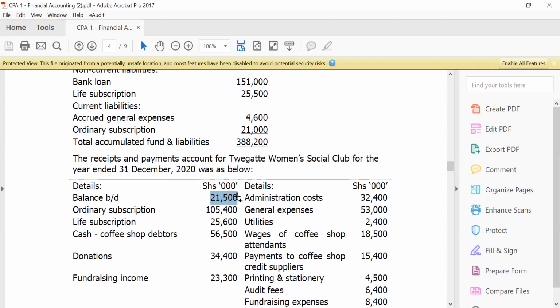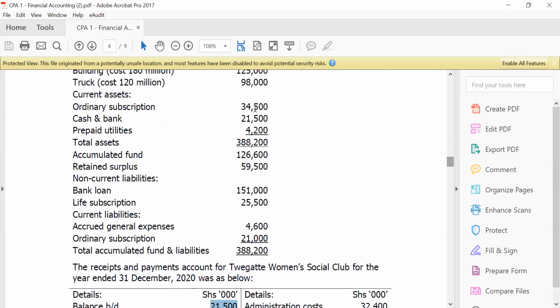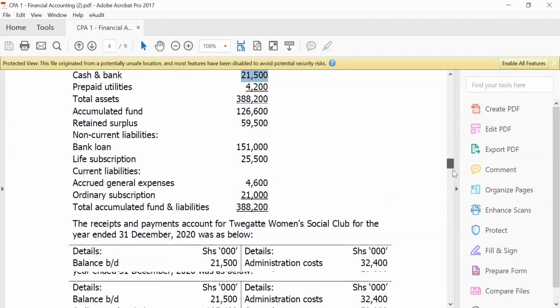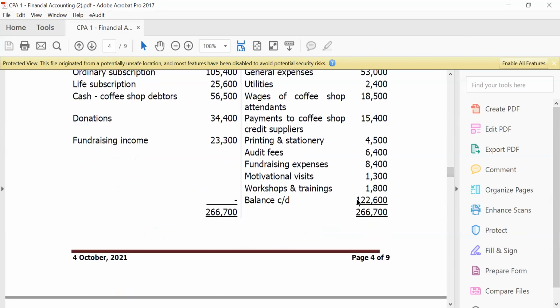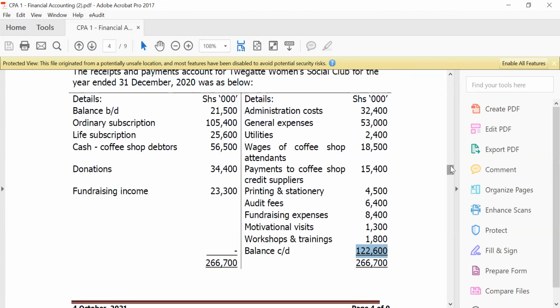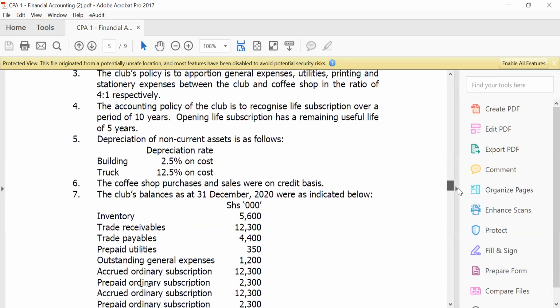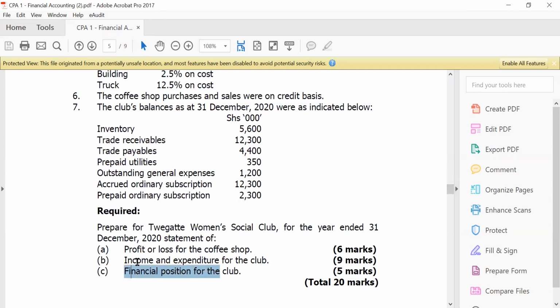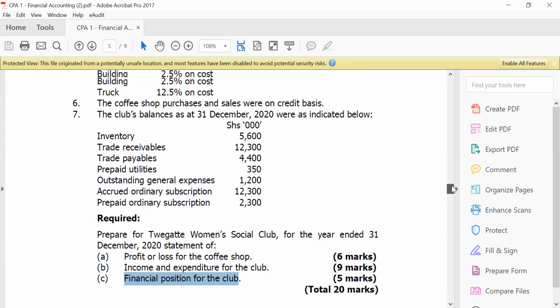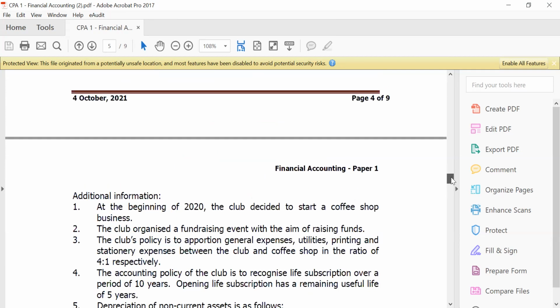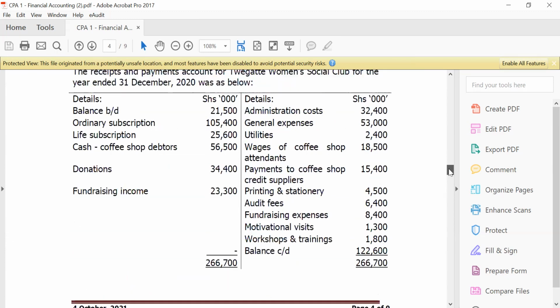Like I said, we don't have a cash book. So that balance you're seeing here is your cash book balance. And even when we close up our receipts and payments, this balance that we close with, which is 1,600, will be what we are going to include as our cash and bank when we are drawing up our statement of financial position. So that is very important for us to take keen interest in.